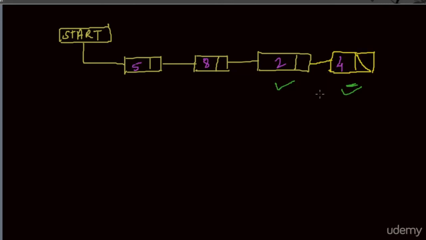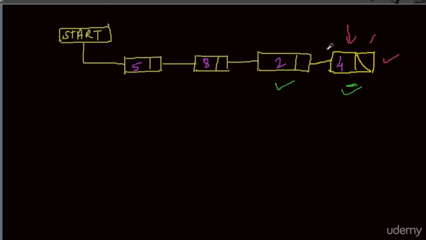The reason is that the pointer pointing to the last node will be used to free up this node, so we can delete it. But the pointer pointing to the second last node will be used to mark the address part of that node as null. So access to both the nodes is required.